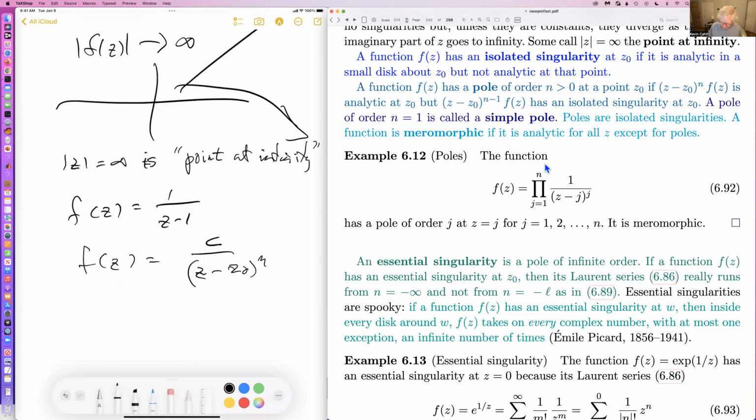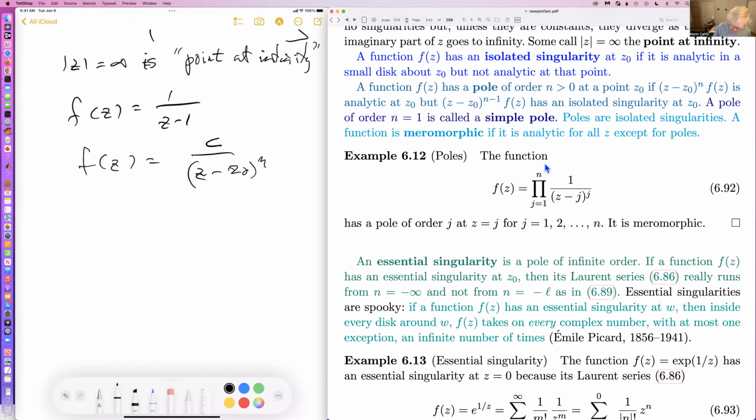But of course, you could have a function like f of z equal to 1 over z minus 1, z minus 2, z minus 4, say. Well, this would have 3 poles, each of order 1 at z equal to 1, z equal to 2, and z equal to 4.